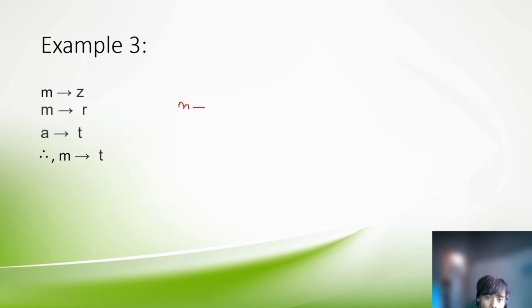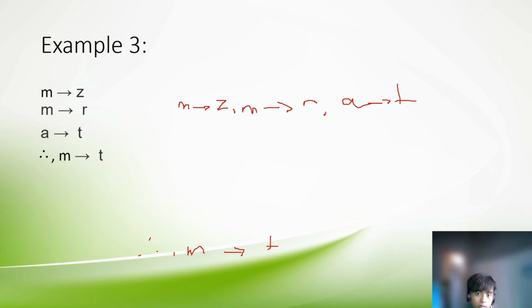M links to Z, M links to R, and A links to T. Therefore, M links to T. Does M link to T? Let's check by using the Euler diagram.